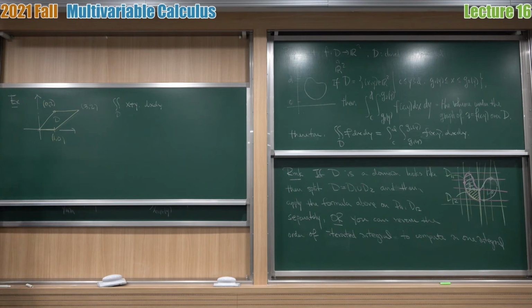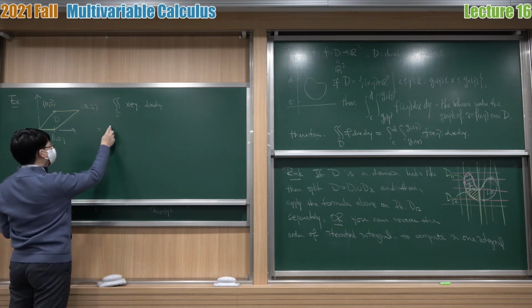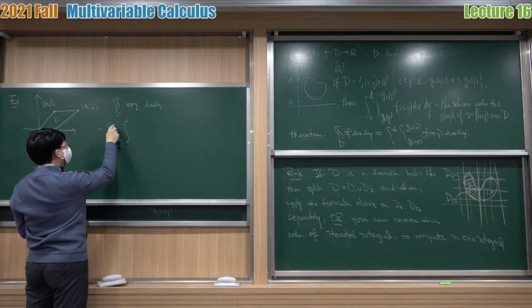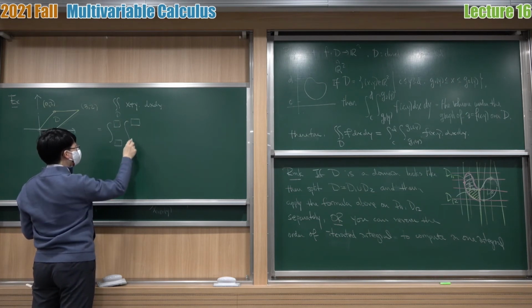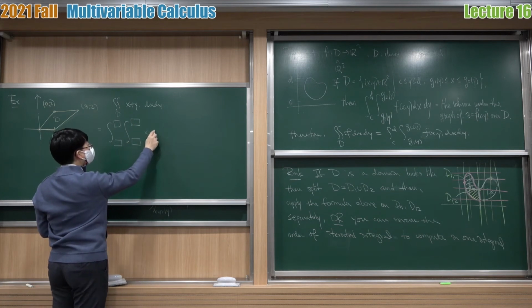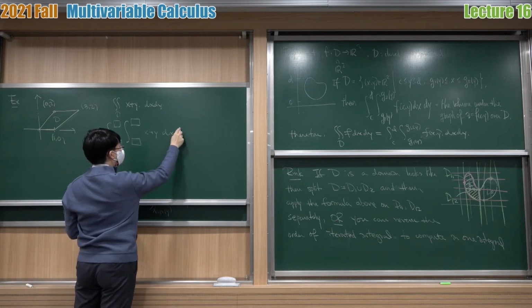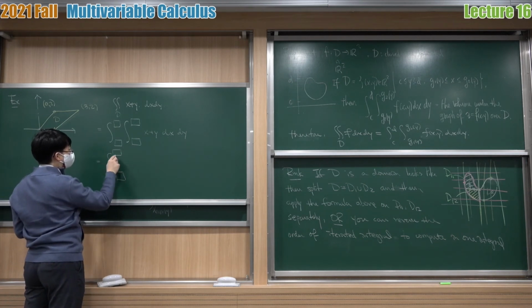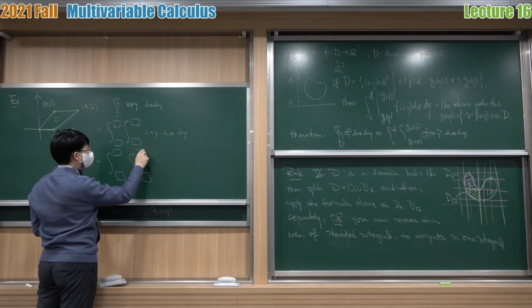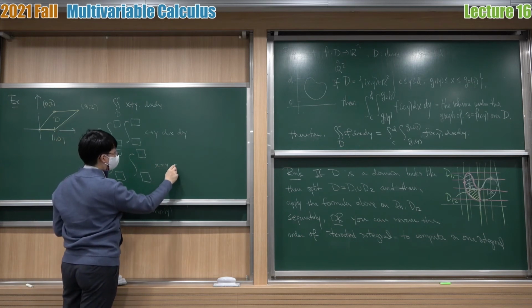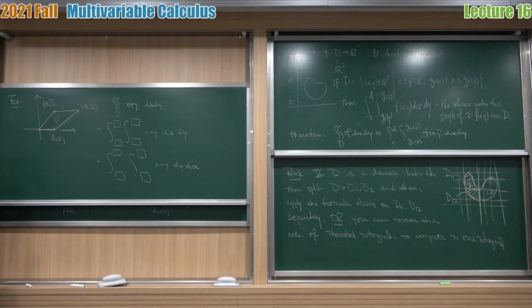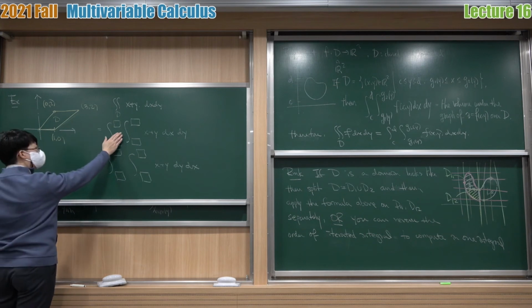Okay. So I want to equate this with two types of iterated integral. The first one is taking dx dy and also dy dx. Okay. Let's think about this part.